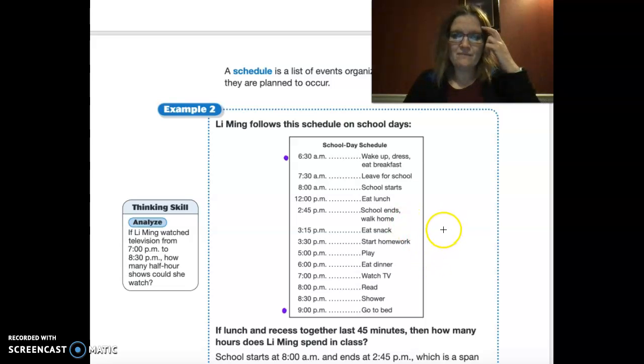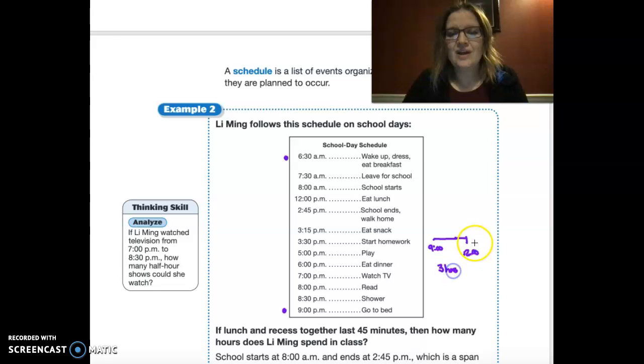So if I'm thinking about this, she goes to bed at 9. I kind of have a picture in my mind where from 9 to midnight, that is 3 hours. And then from midnight to 6:30, that is 6.5 hours.